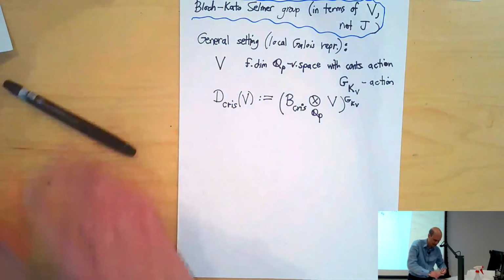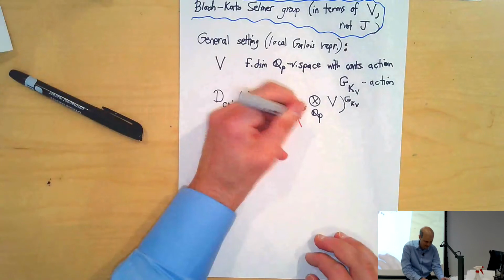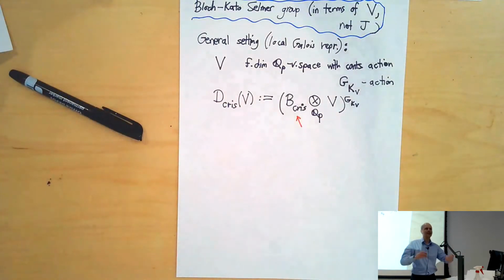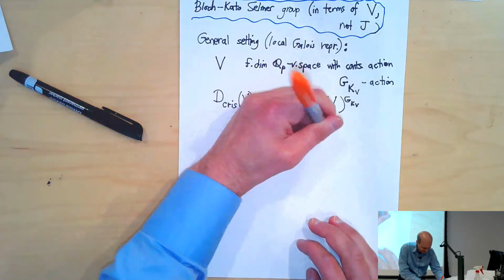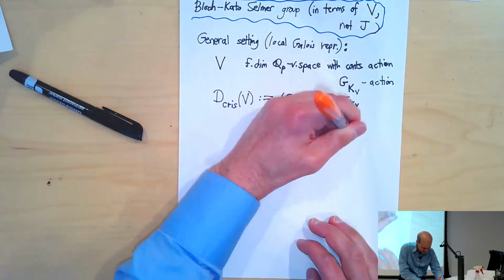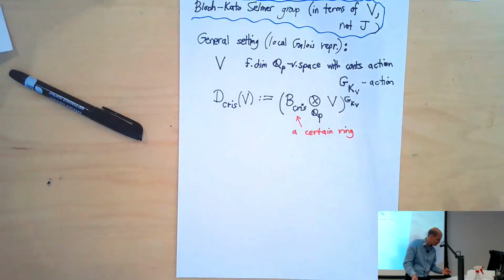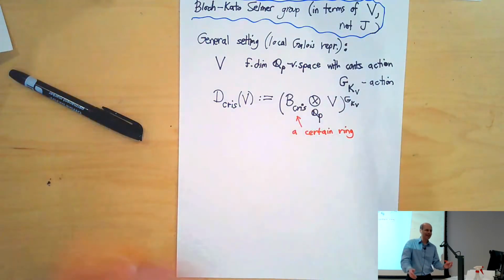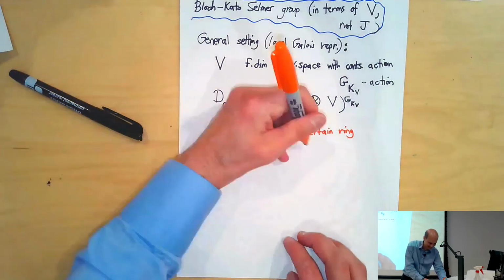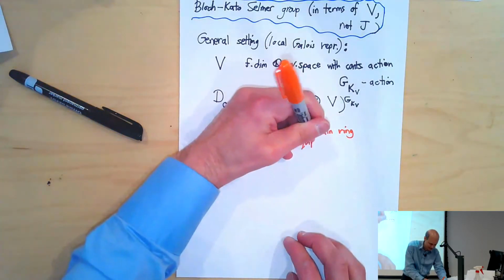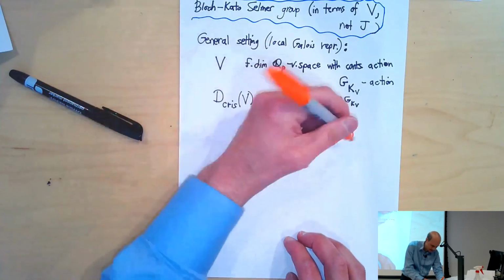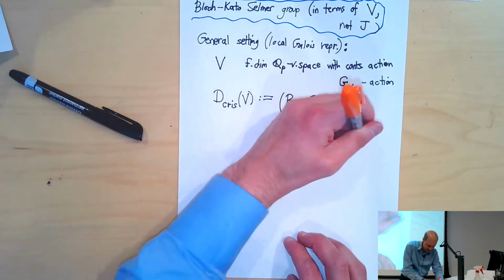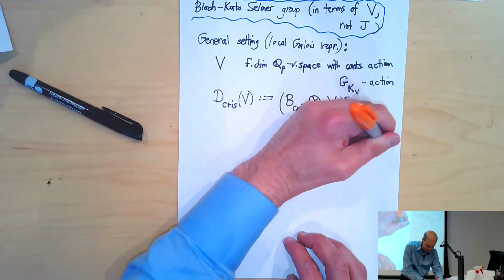There's some definition in terms of Witt vectors, but it's not mysterious what it is; you just don't want to actually see the definition. It comes equipped with an action of this local Galois group.